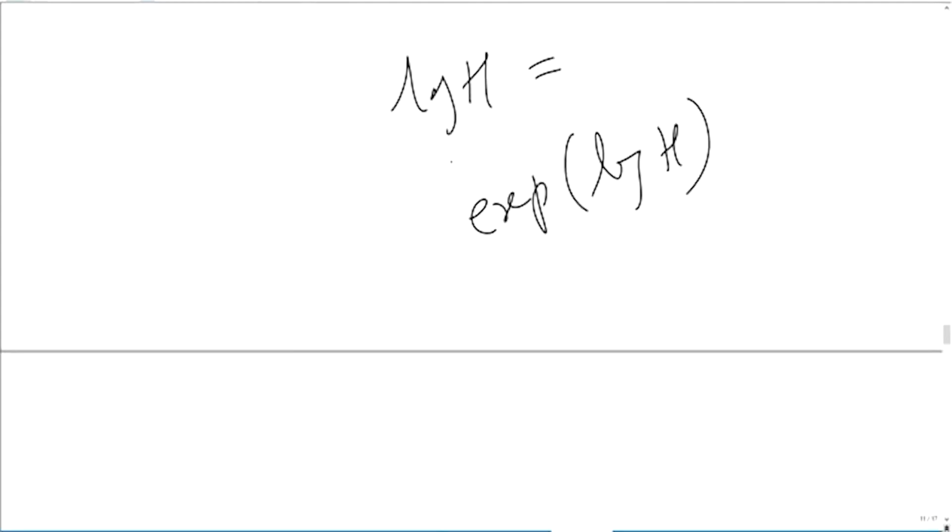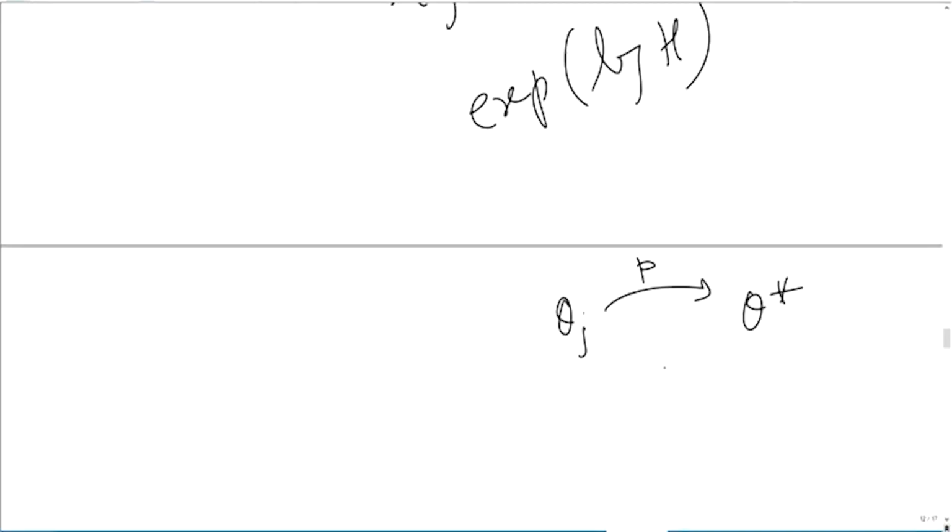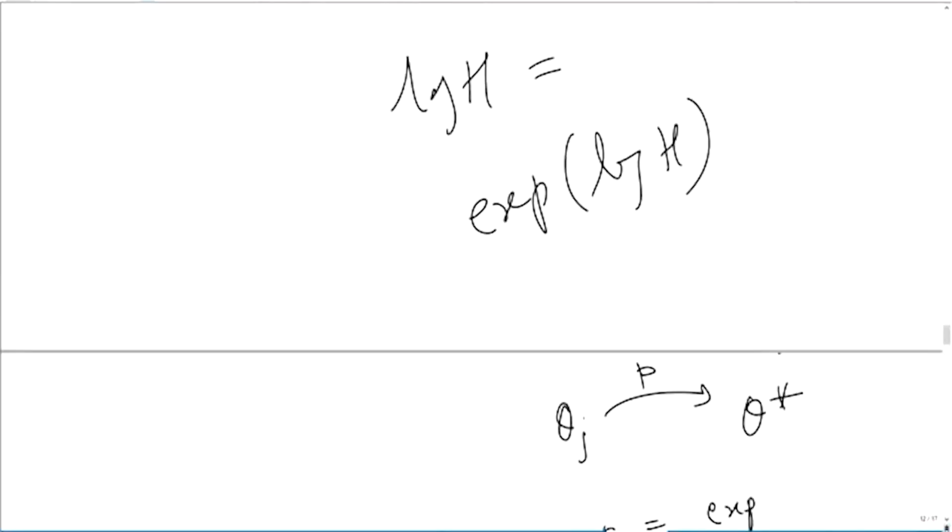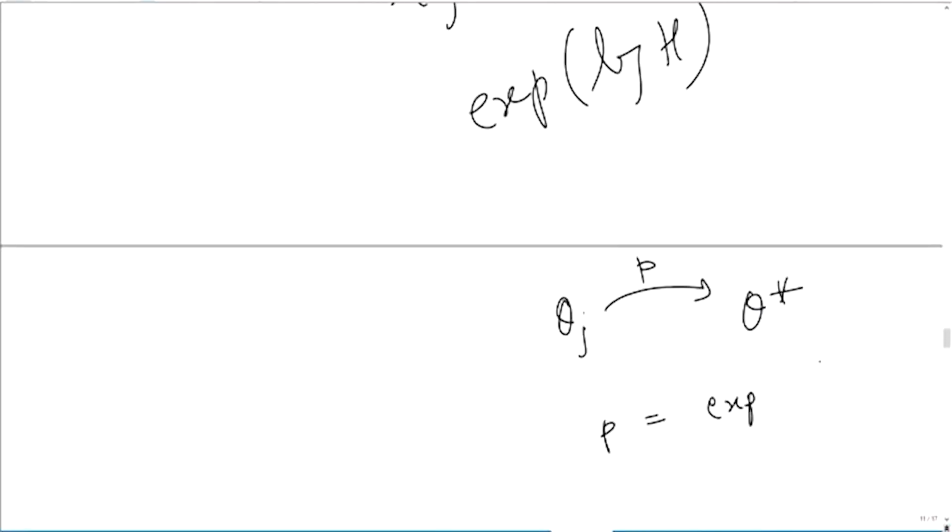You can also calculate something called transition probability. So, let us say I decide that I would transition from state theta j to theta star, okay, with some probability p, and this probability p, transition probability, would be given by exponent of, basically, minus log posterior density of theta star minus log posterior density of theta j or something like that, right, which is basically log h, right.